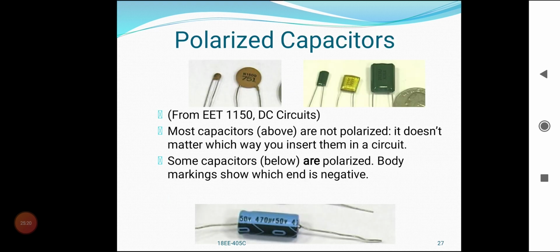Polarized capacitors. Most capacitors are not polarized. It does not matter which way you insert them in a circuit. Some capacitors, as below, are polarized. Body marking shows which end is negative.